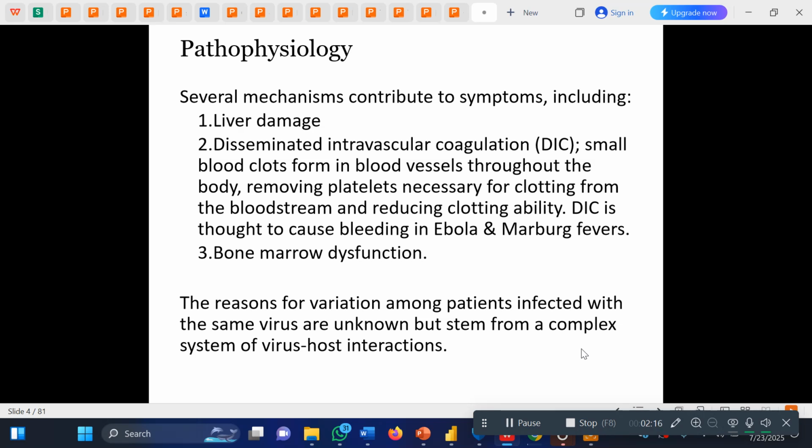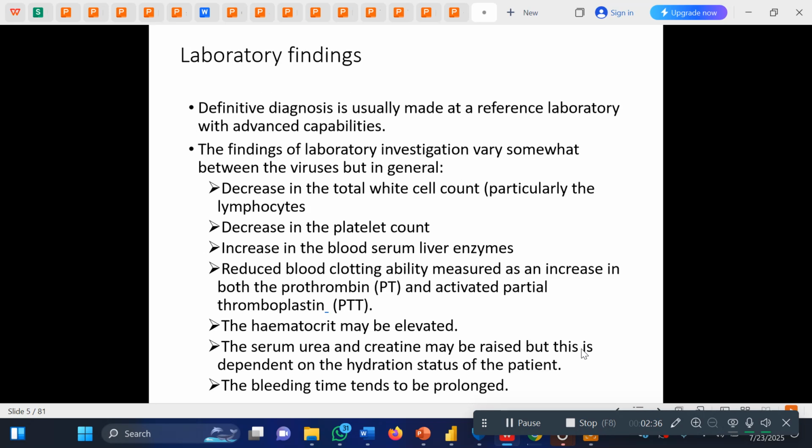DIC is thought to cause bleeding in Ebola and Marburg fevers and also lead to bone marrow dysfunction. The reasons for variation among patients infected with the same virus are unknown, but stem from a complex system of virus-host interaction.